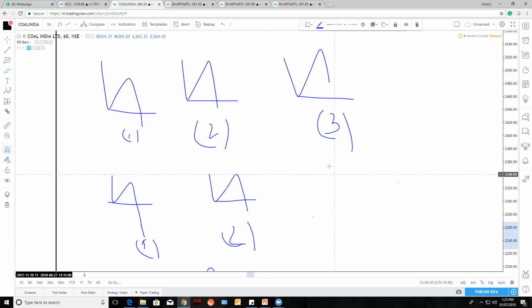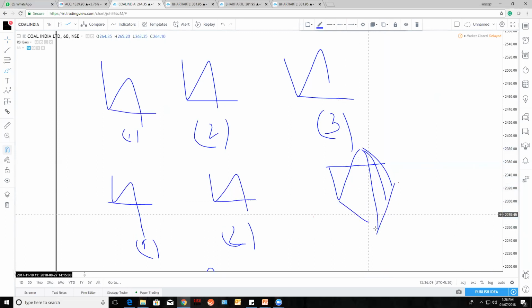And the third possibility is that whenever there is a retracement going more than 100%, it may go like this, or at least to this, or else to this level. There are three possibilities: it may go beyond that, it may go up to A, or it may stay a little away from A. There are three possibilities in all three waves.